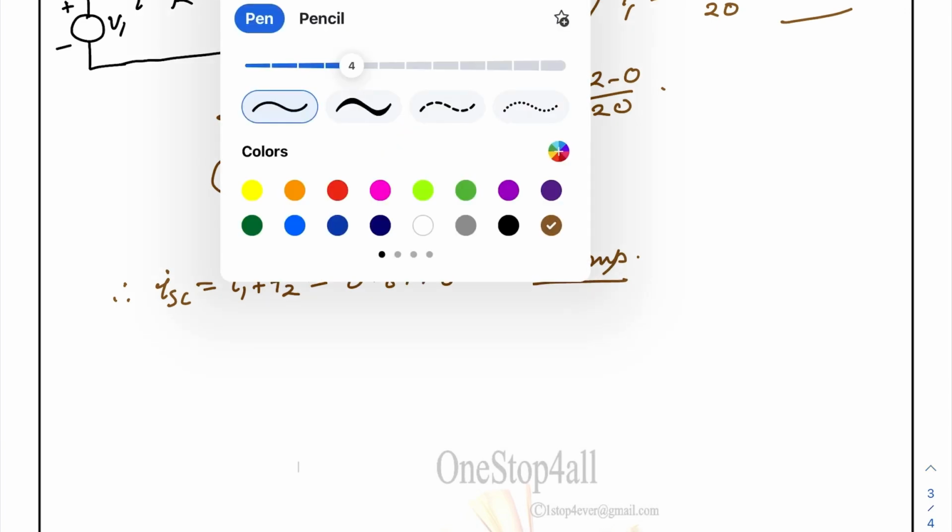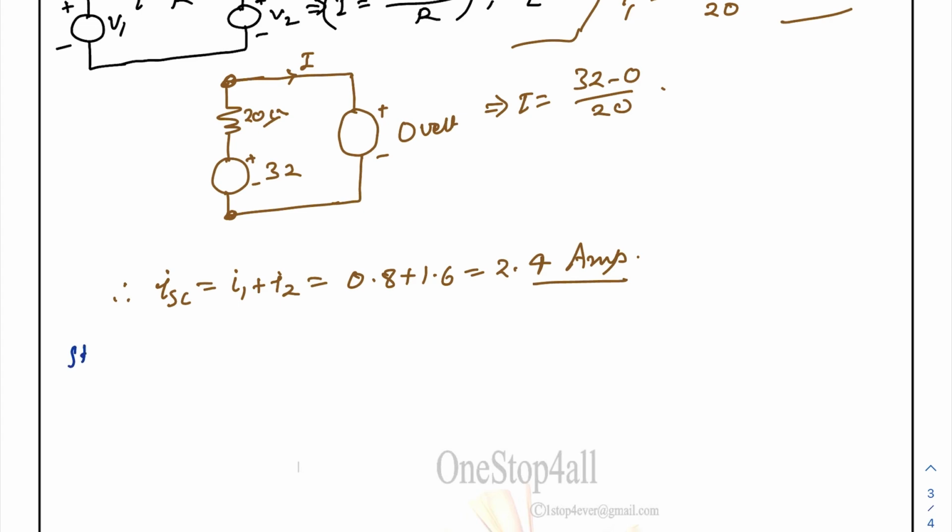Now we will move to the second step, step number 2. What is step number 2? Here we need to find the second parameter, that is the Norton equivalent impedance.